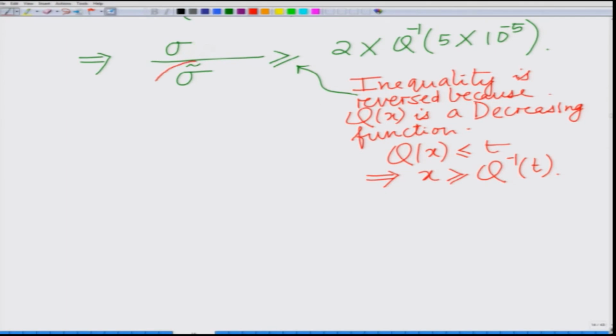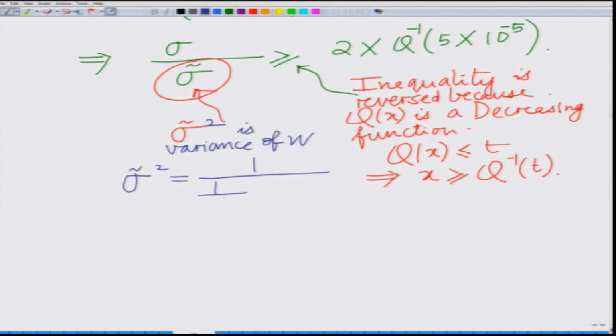Now, let us substitute this expression for sigma tilde. Sigma tilde is the square root of the variance, that is the standard deviation of the estimation. Remember where we got this: sigma tilde square is the variance of W, and sigma tilde square equals 1 over 1 over sigma square by n plus 1 over sigma h square.